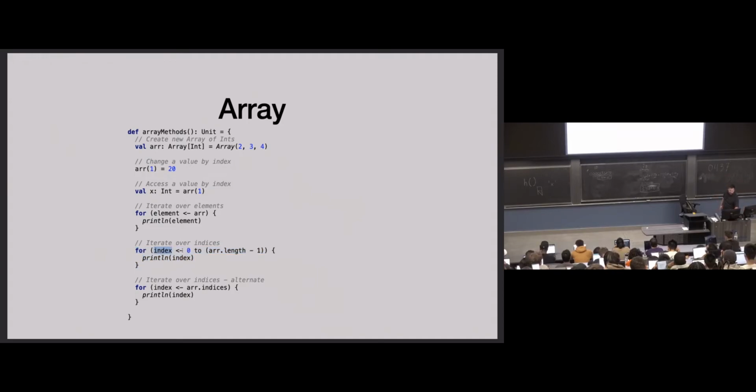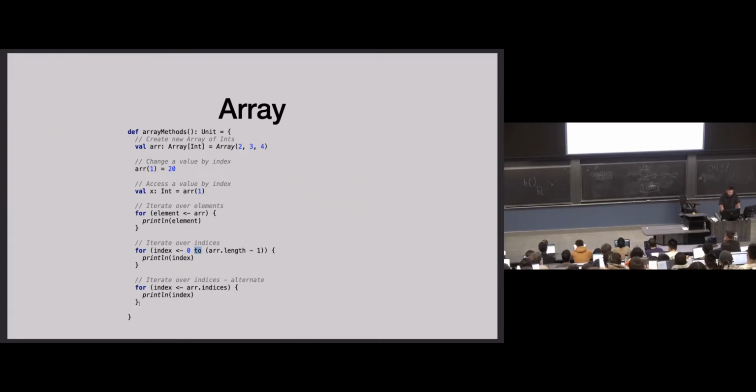For index in 0 to the length of the array minus 1 is going to iterate over the indices of this array. Or if you don't want the minus 1, you can use until, which is going to exclude the endpoint, and you can do until array.length.